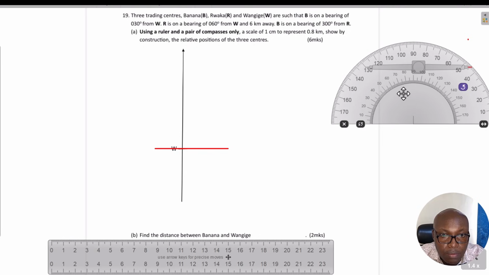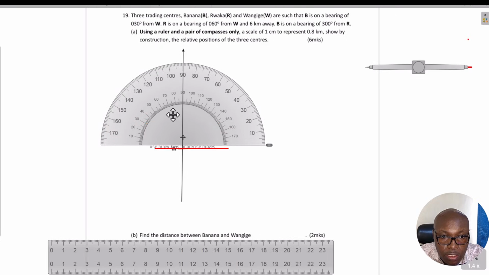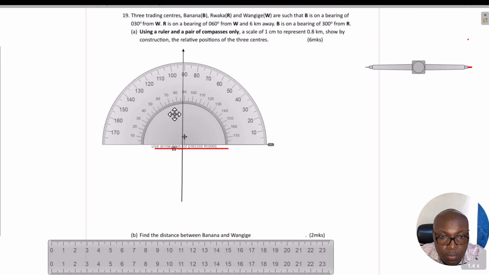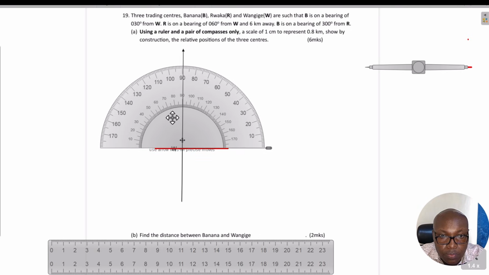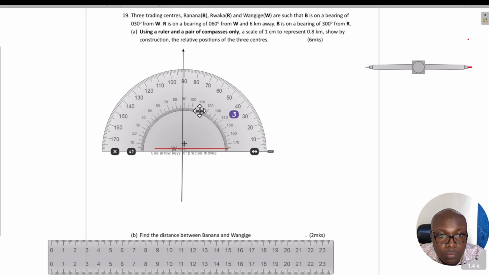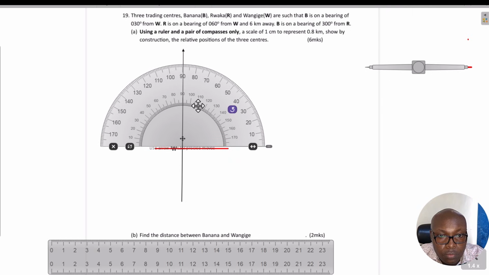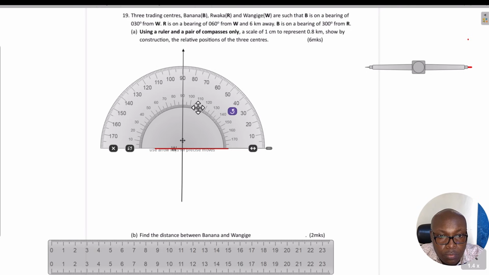From W, this is how you place your protractor.